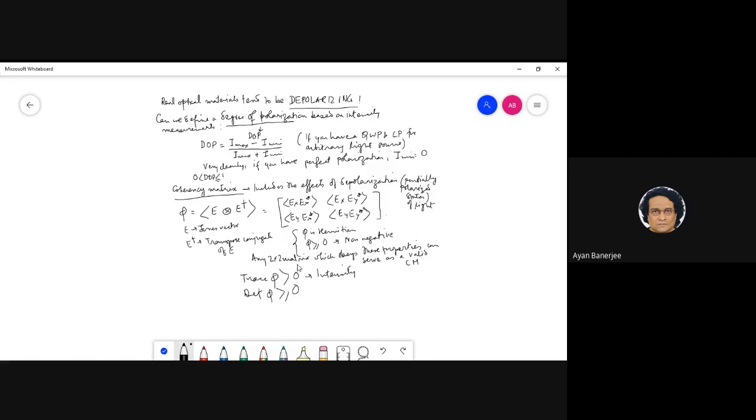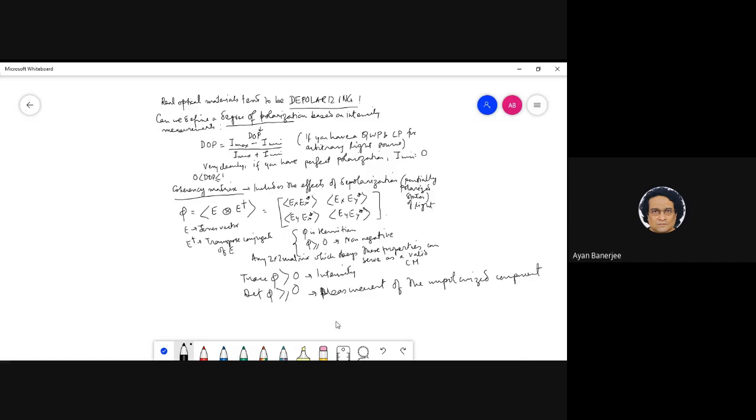But when you have partially polarized light, this determinant will be greater than 0. So the determinant is a measurement of the unpolarized component, right?